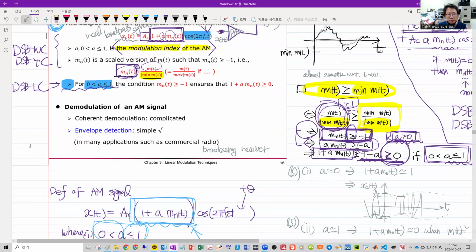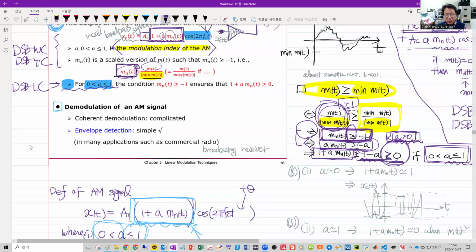We will cover it later, but if we move from double sideband without carrier, which means double sideband suppressed carrier, to double sideband modulation with large carrier, then there are of course pros, advantages.